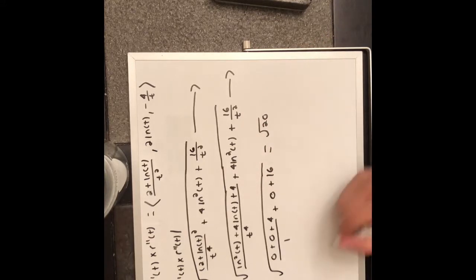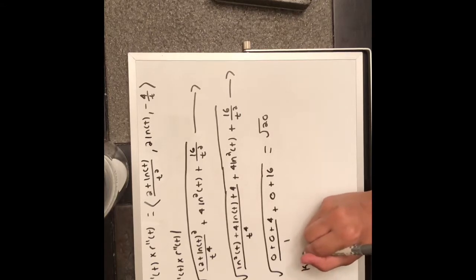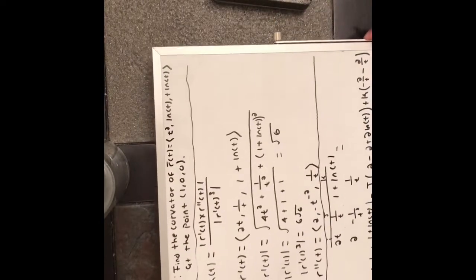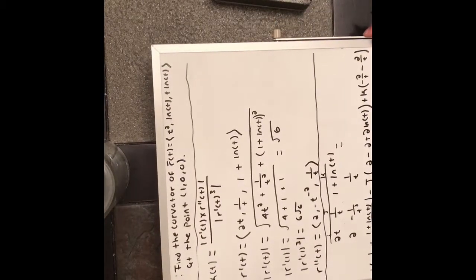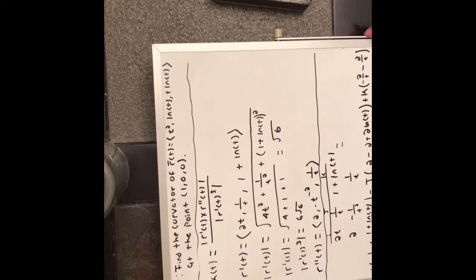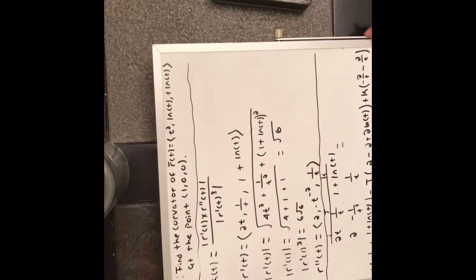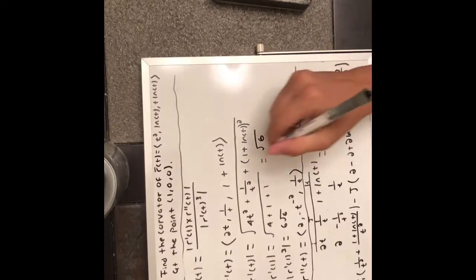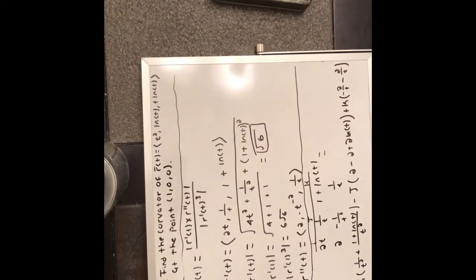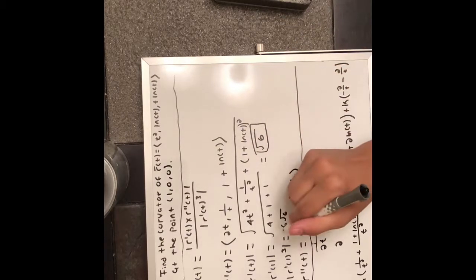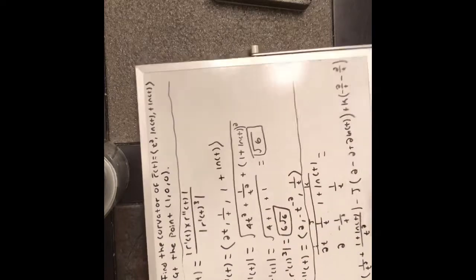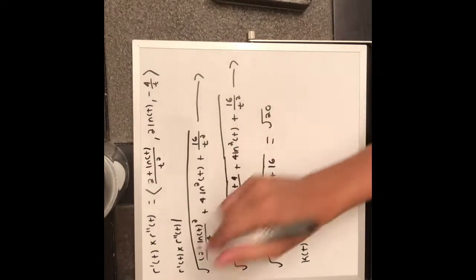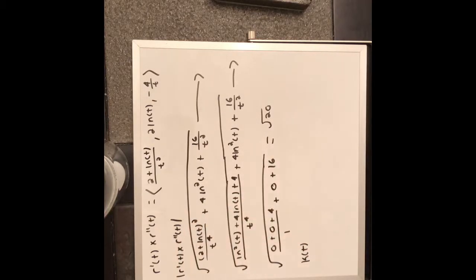So now, if we look back at our curvature equation that we wrote when we first started, the curvature is the magnitude of r prime of t cross r double prime of t, divided by the magnitude of r prime of t cubed. Here we have r prime of t cubed, so we're going to use this value, and here we found the magnitude of r prime of t cross r double prime of t.